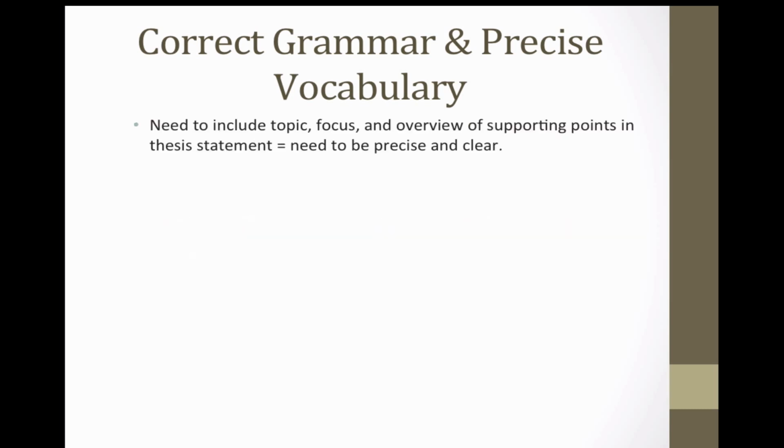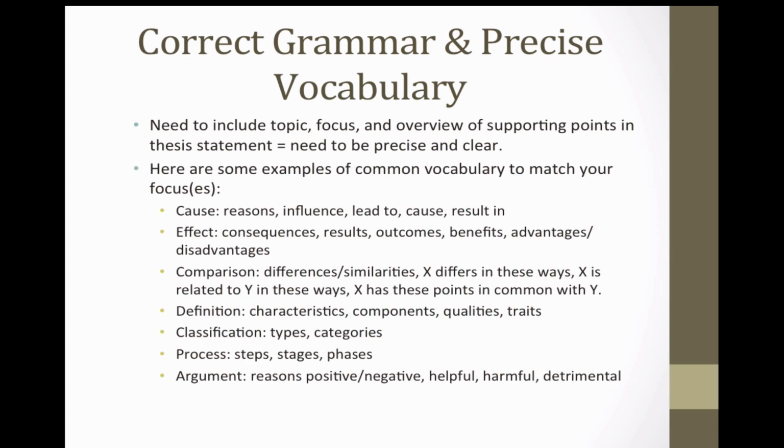So vocabulary is important because you have so much that you have to include in one statement, one sentence. So it needs to be very precise, very clear. Here are some examples of common vocab that can help you become very clear.